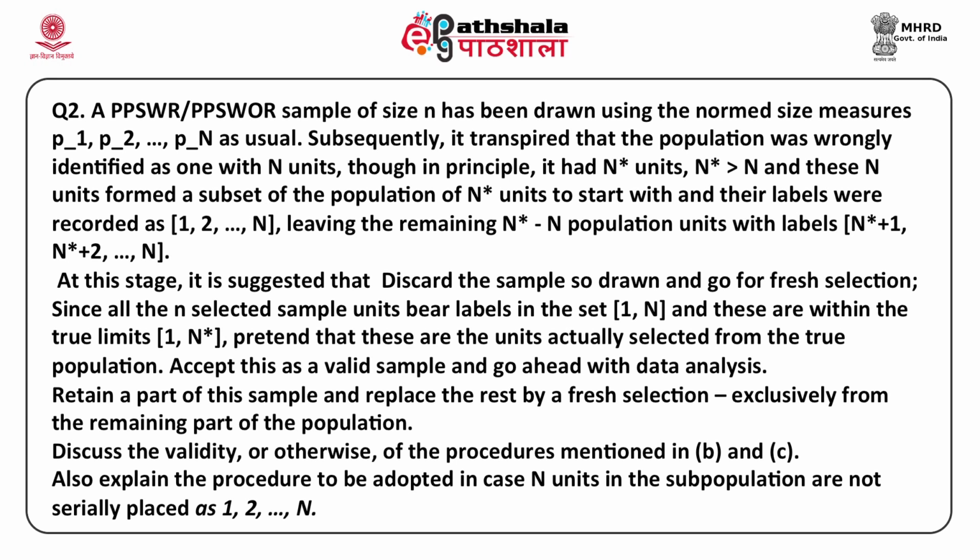Then from here you already took little n, you take a subset of them, and from the other part you make a fresh selection exclusively from the remaining part of the population, whatever was excluded. So, you retain a part of the sample originally taken and replace the rest by a fresh selection. And how many do you retain? You apply the proportional allocation formula, some kind of compromise solution.